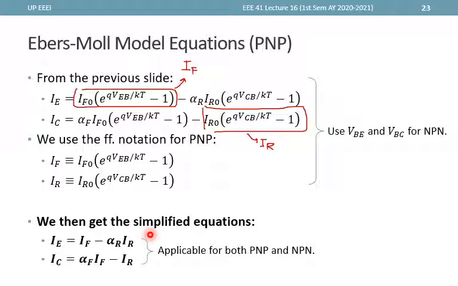Now for NPN, we simply need to replace VEB by VBE and VCB by VBC. But for these equations, this can be used even for NPN, although the change will be internal from these equations.